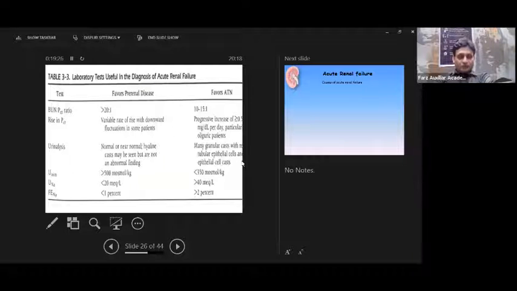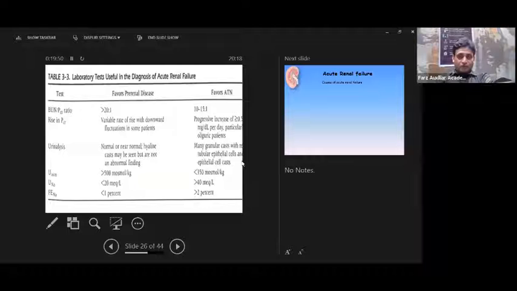Then urinary spot sodium less than 20 milligram per liter suggests prerenal failure, and more than 40 suggests intrinsic renal disease or ATN. Then, as I already discussed, fractional excretion of sodium less than 1% suggests prerenal failure. If it is more than 2%, then it suggests ATN.